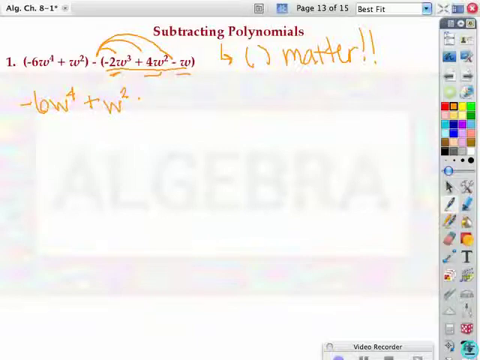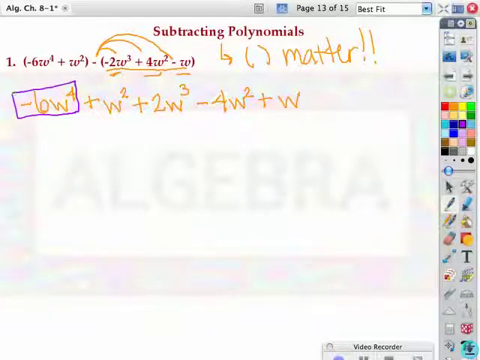Negative times a negative would give you a positive 2w to the third. Negative times a positive would give you negative 4w squared. And then negative times a negative again is positive w. Group together your like terms. This first term here does not have a like term because nothing else has a 4 exponent.